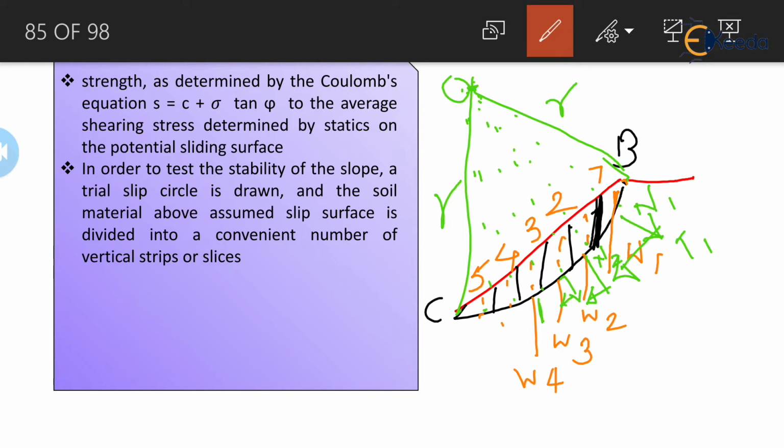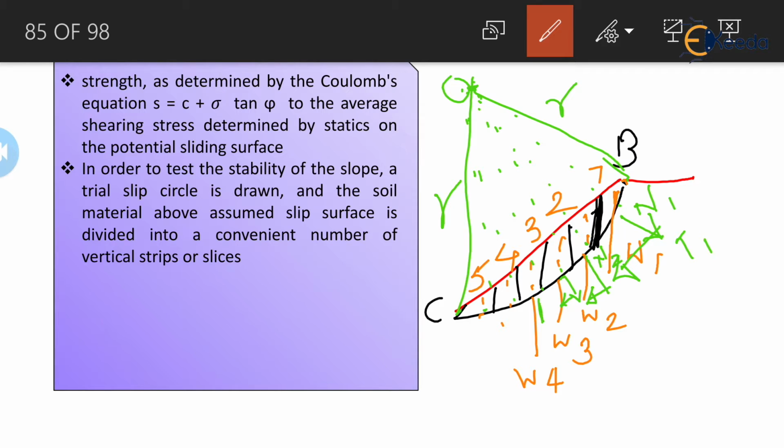So after placing the normal components, what exactly happened? This normal component does not cause any driving moment on the slice. It only passes through the center.